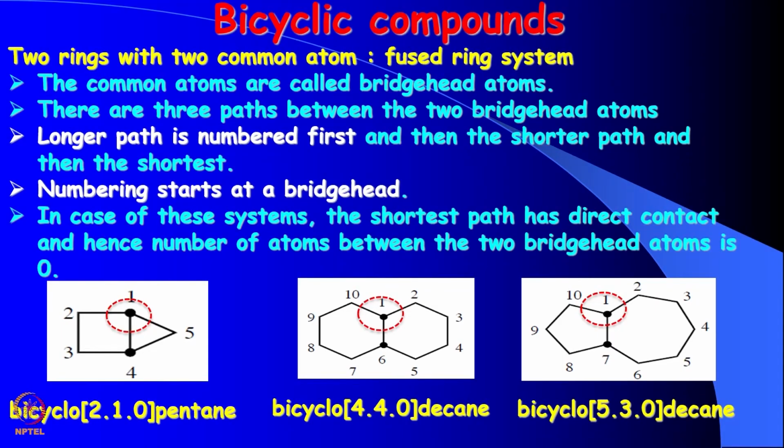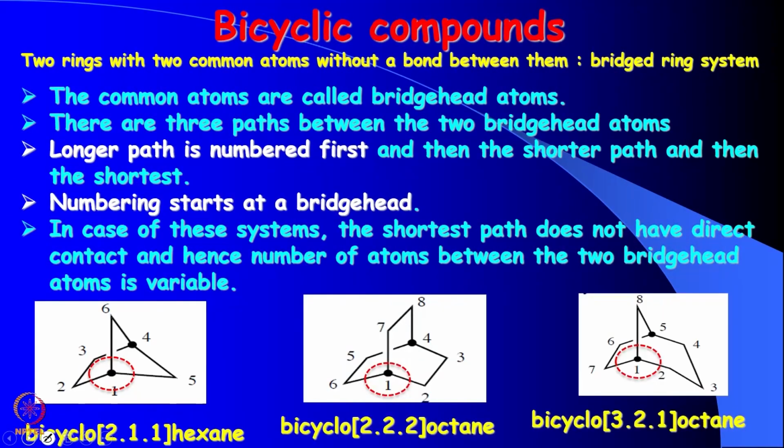So, the largest ring is numbered first, and then it goes on the other side 8, 9, 10. So, it is written as bicyclo decane, and these numbers: 5 is the number of atoms in the largest ring, then the number of atoms in the smaller ring, and 0 indicates that these 2 atoms are bonded together.